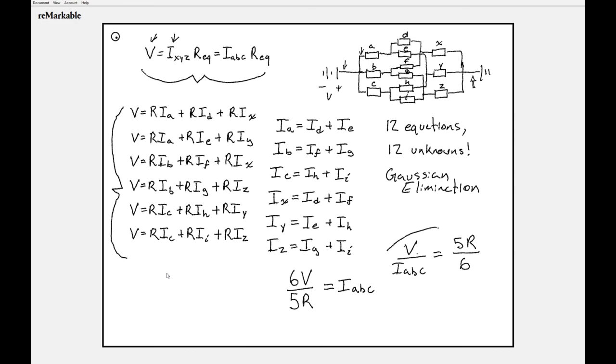So we've actually shown that the equivalent resistance for any voltage and the resultant current is going to be 5/6 R.